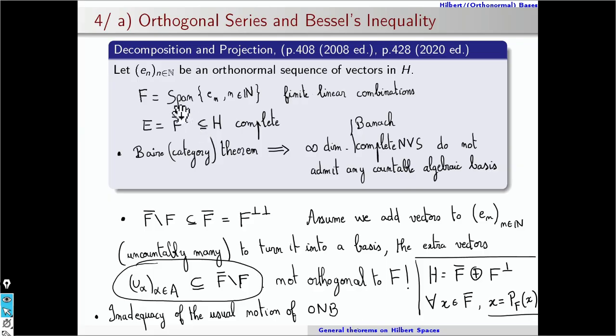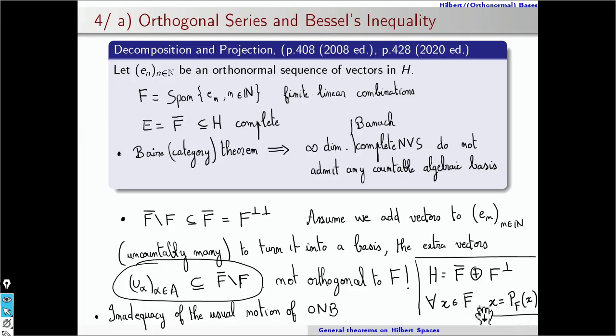So one may wonder, how does an element in F closure look like? And the trick is to look at the projection operator, since any element in the closure can be written as the projection of itself.